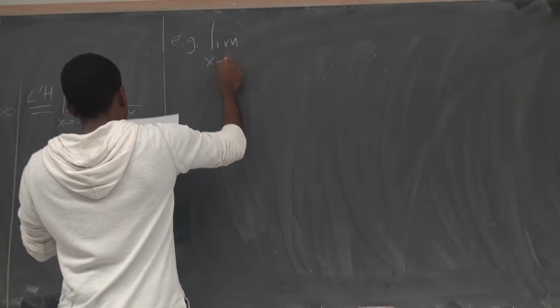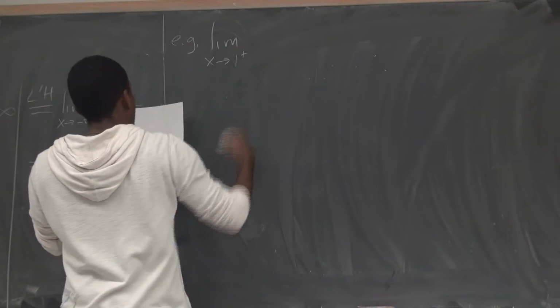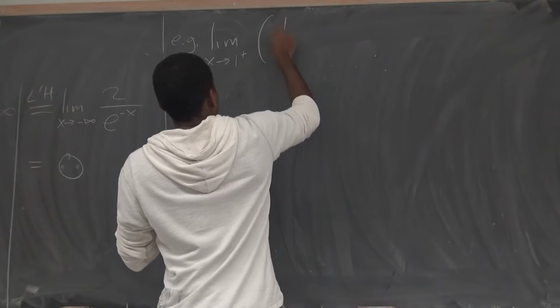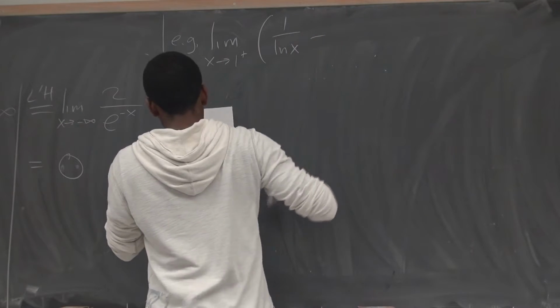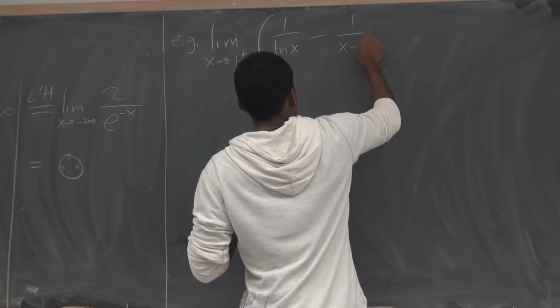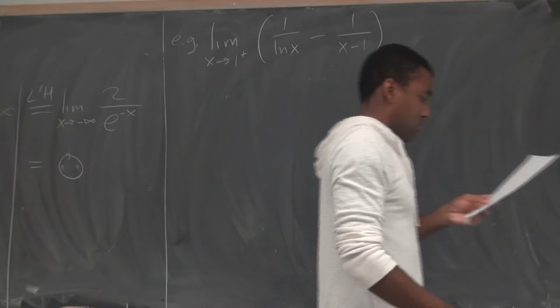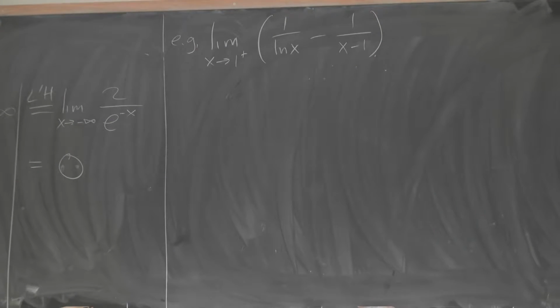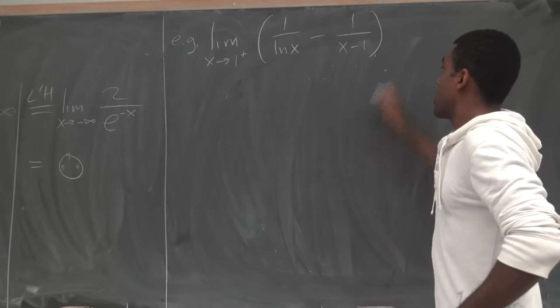Limit as x approaches 1 from the right side, 1 over ln x minus 1 over x minus 1. What is this approaching?